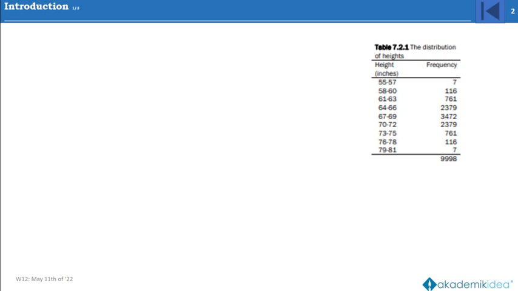We actually obtained the entire population, 9,998 units have been measured in this exhaustive survey. We actually obtained the entire population, the height of all adult male residents of the given community.